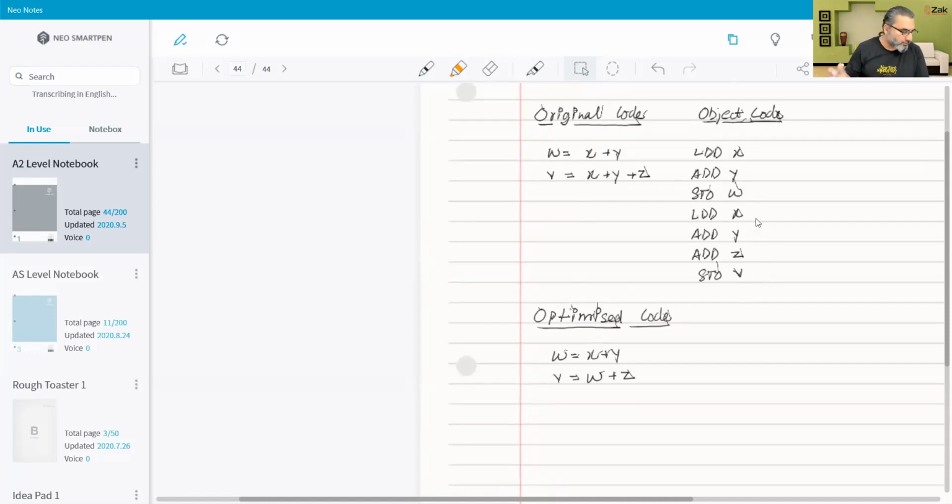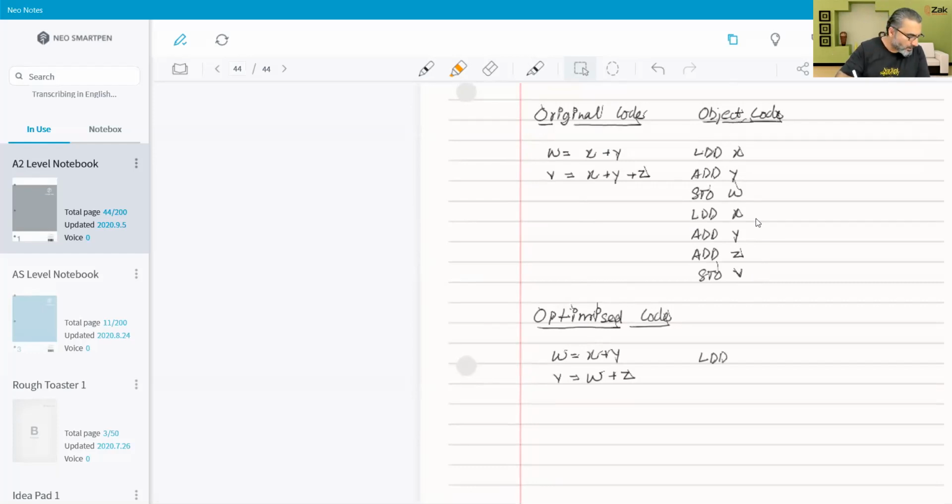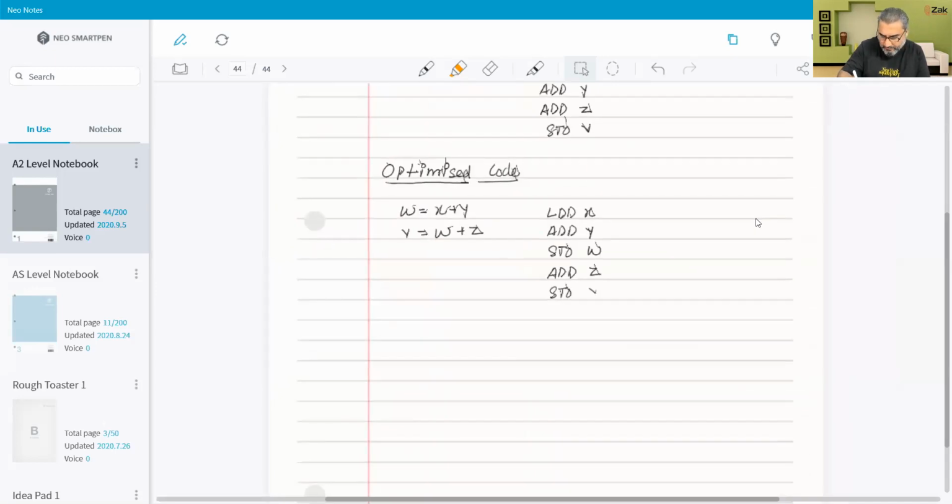So what will happen? This would be load X, add Y, store at W, then add Z to it, and then store at V. See what we have done.